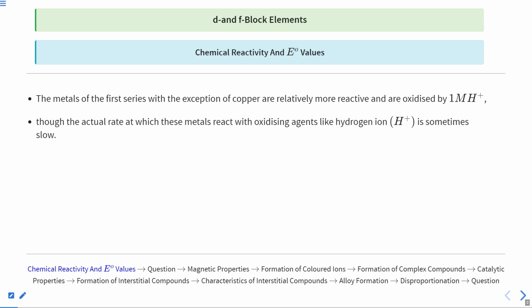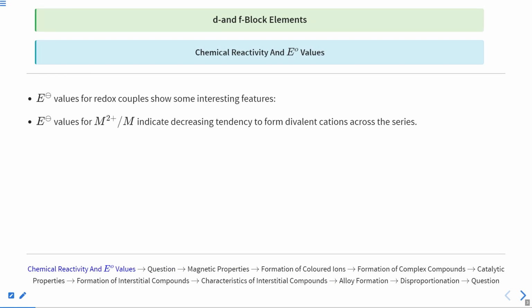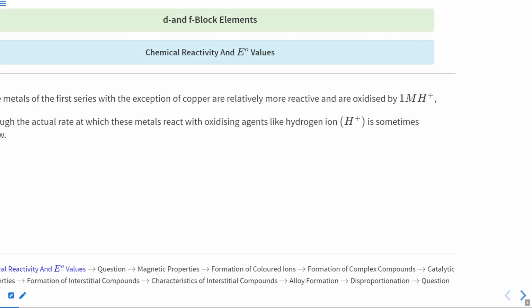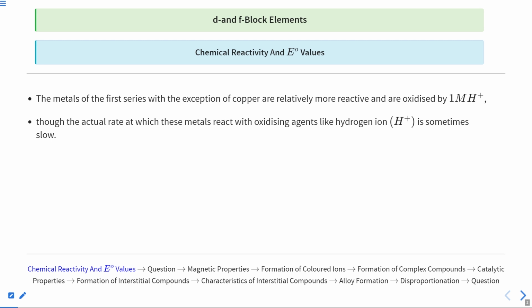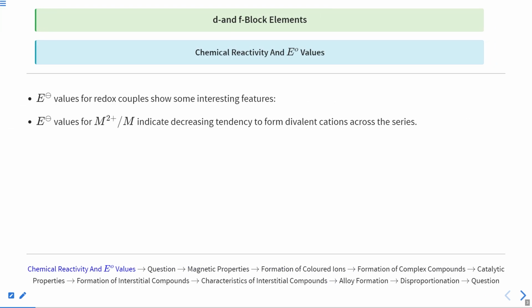Is it clear? Okay. I have just revised this thing. We have seen this electrode potential comparison in the previous lecture also, but just to make a quick revision, I have reminded you about this important point about copper.